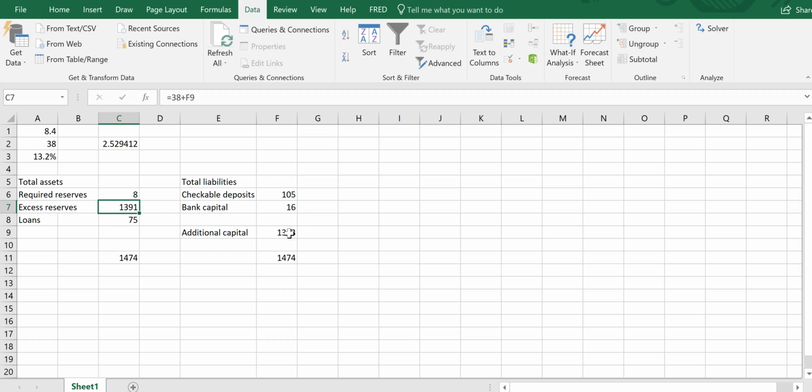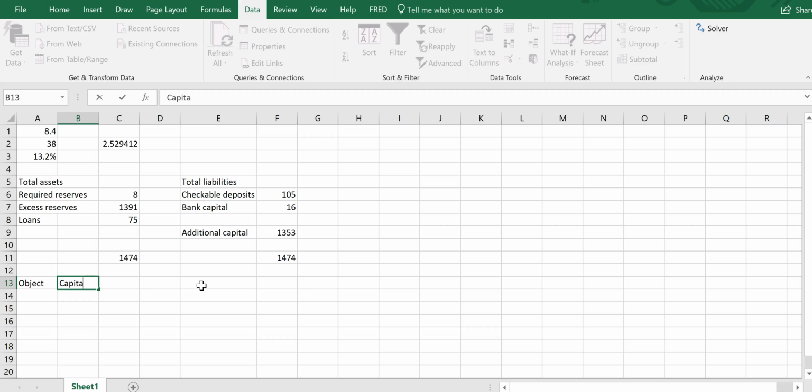And that's the goal. So now what is my target? What is my object? Object is the capital ratio. Remember, that's our target here, right? The capital ratio basically is the sum of this original capital plus this additional capital, divided by the total assets or total liabilities, right?